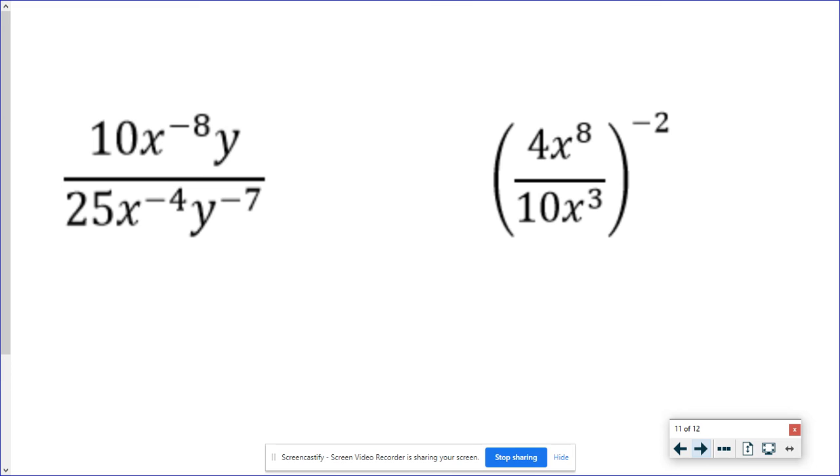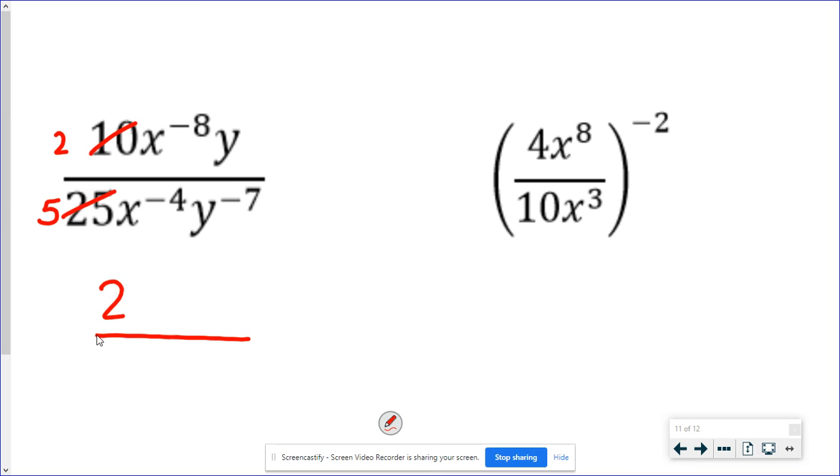On these last two problems, I tried to get kind of as tricky as I possibly could. So here, let's look at the coefficients, the 10 and the 25. I could divide both of those by 5, just simplifying a fraction. That'll be a 2, that'll be a 5.